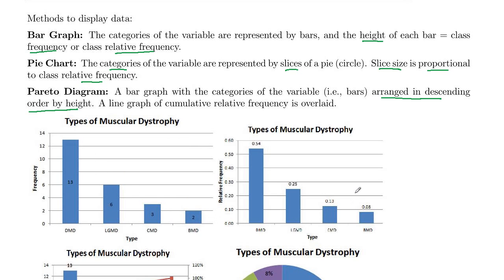And this one is types of muscular dystrophy relative frequency. So we've got our 54% for DMD, 25% for limb-girdle, 13%, and then 8%. So notice the same general shape in the bars as we had before, except on our vertical axis, it's relative frequency, percent.